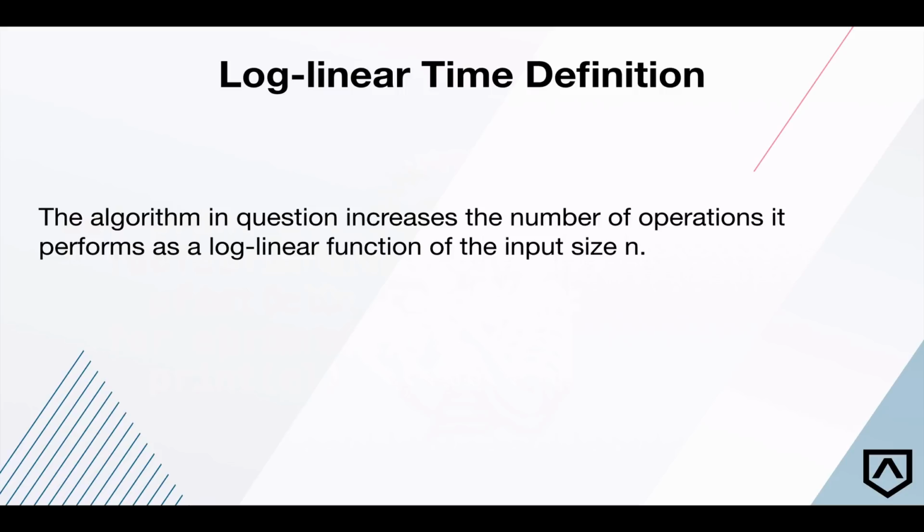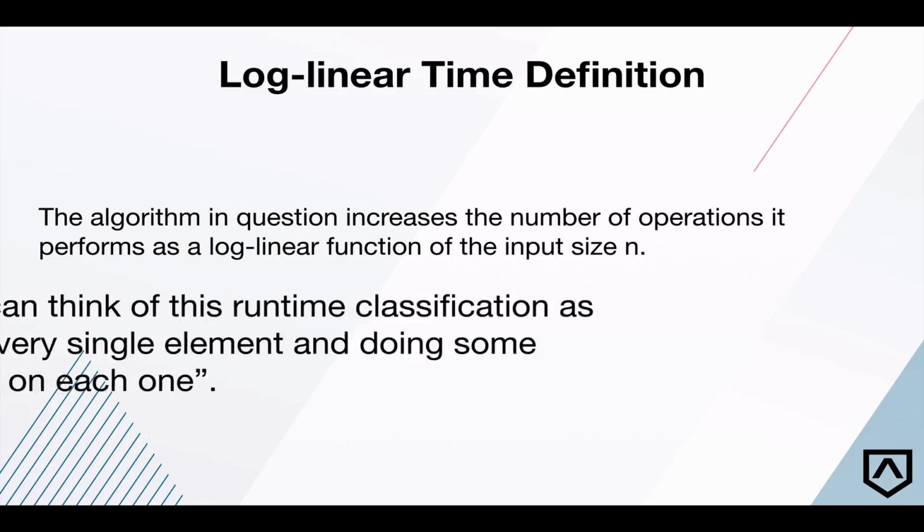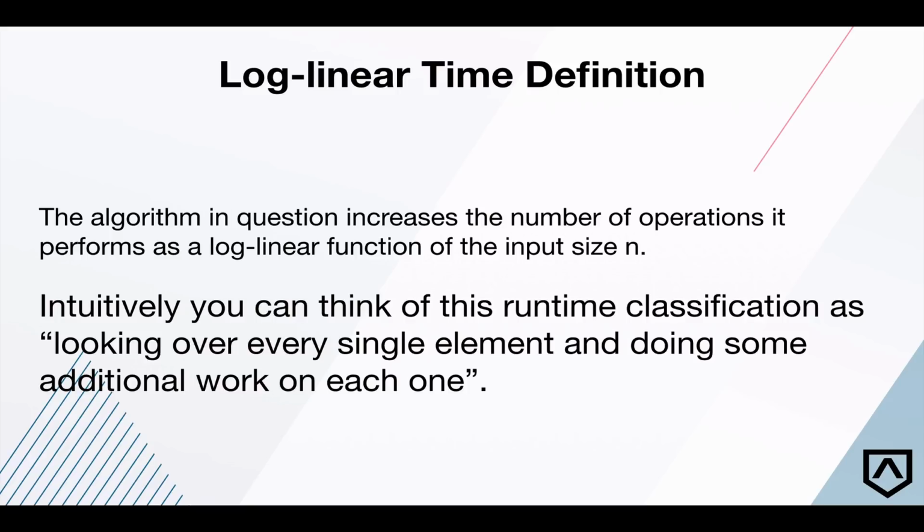All right, next up we have what's called log linear time, and this was that n log n function. And so again, the number of operations is a function of n log n of input size. But intuitively, you can think of this as when we need to look over all the elements that we have, and we need to do some additional work on each one that is dependent again on input size.